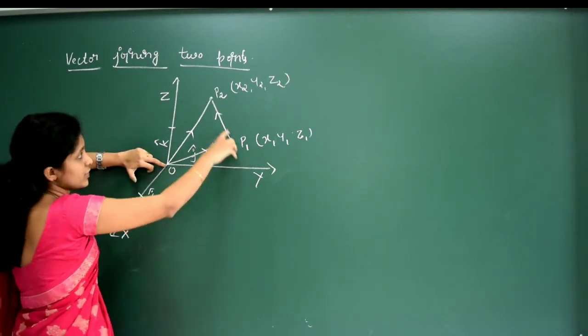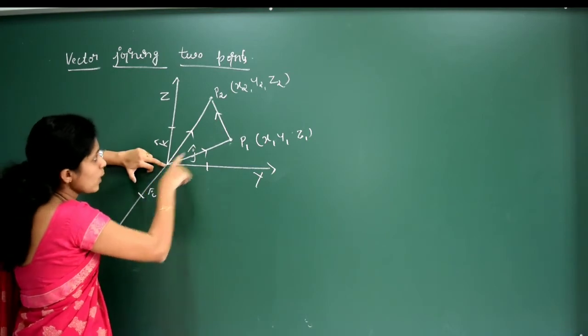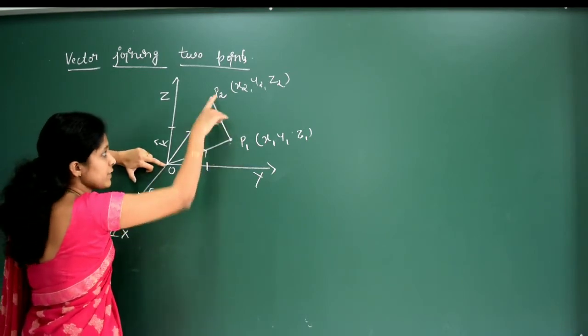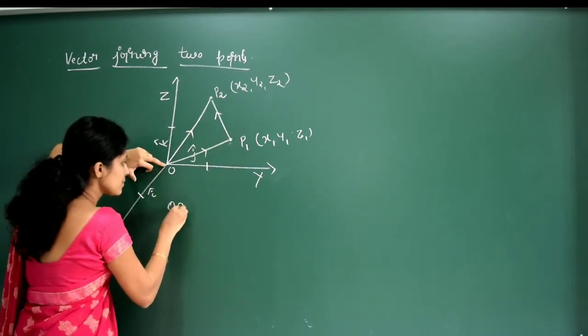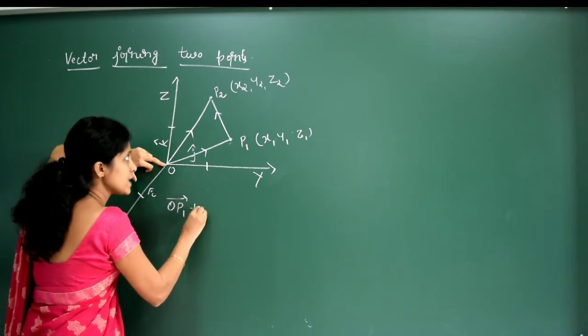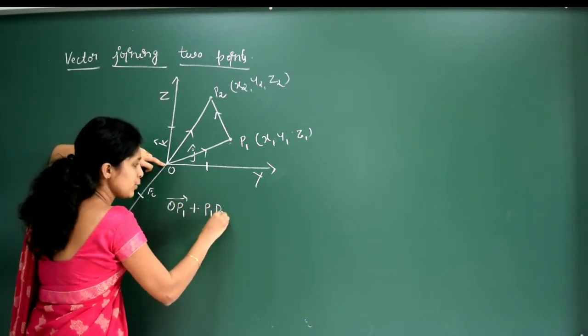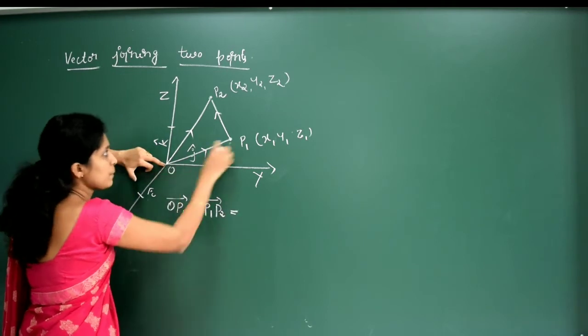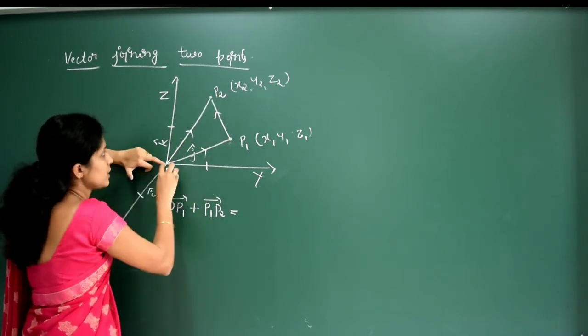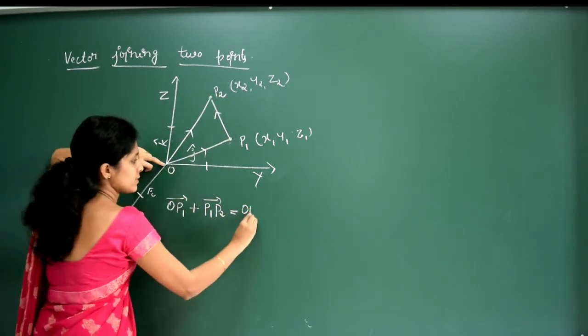By using the triangular law of addition, OP1 vector plus P1P2 vector will be equal to OP2 vector.